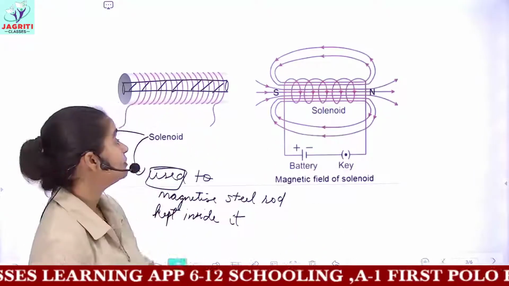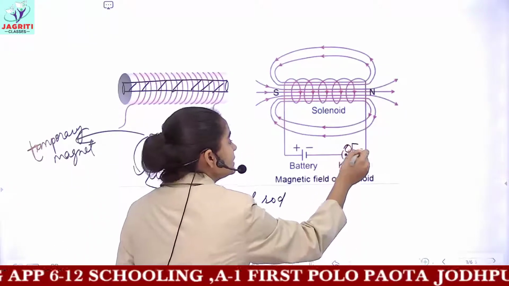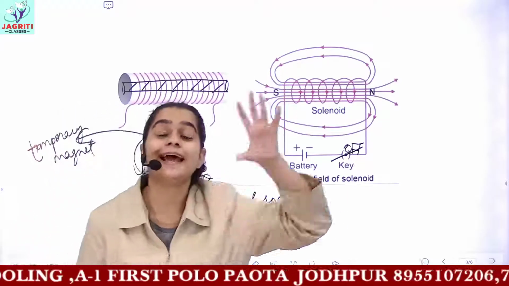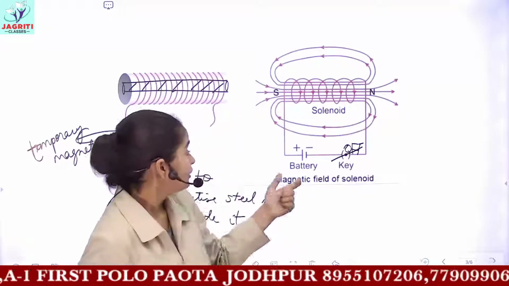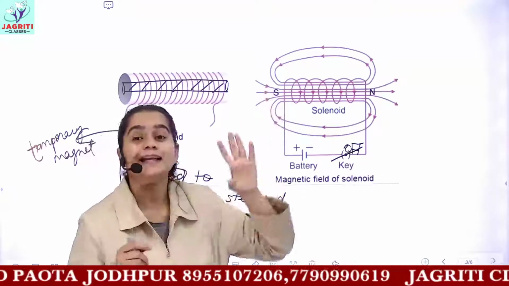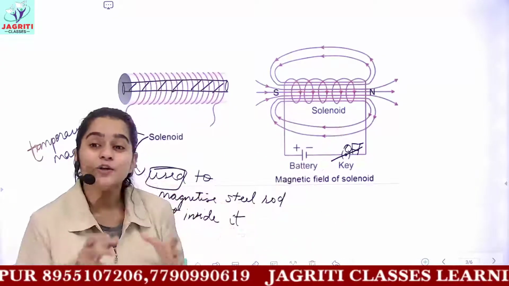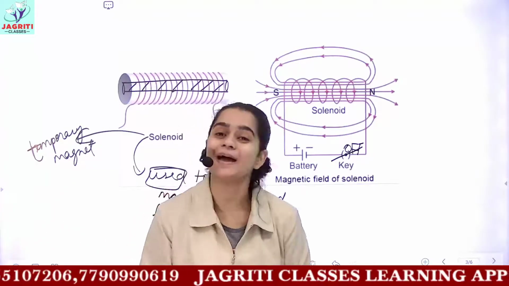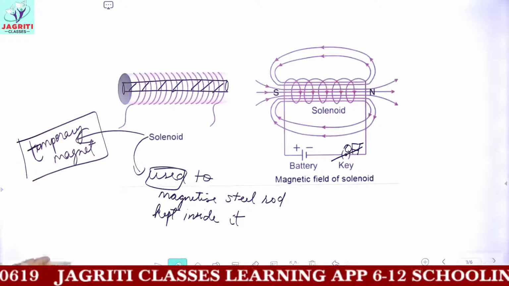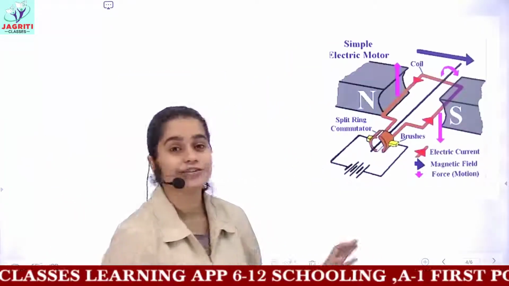Once I switch off this key or cut the current supply, this solenoid will lose its magnetic character and will not be able to work as a magnet. Hence a solenoid is known as a temporary magnet. So this is all about the solenoid which you should know, and now our next topic is the electric motor.